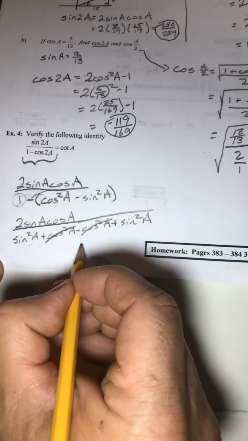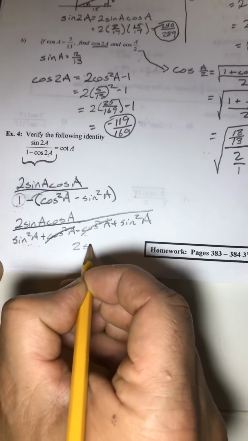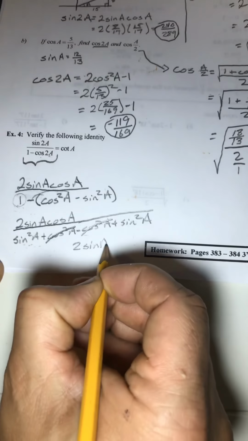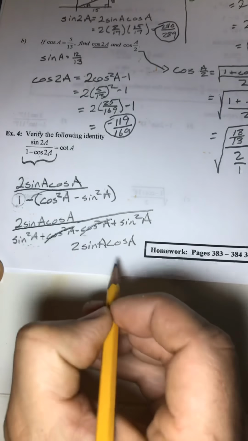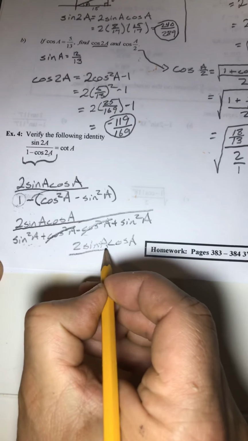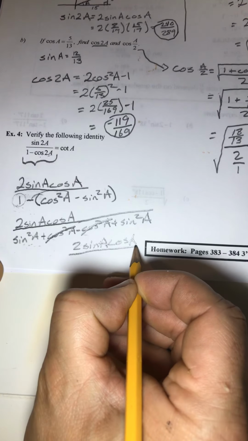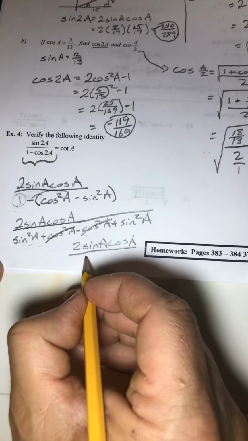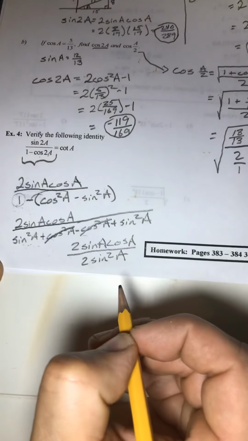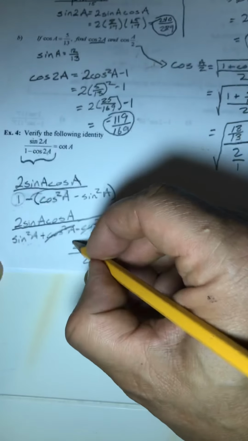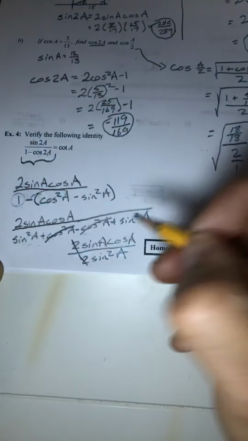So now you have the numerator 2 sine a cosine a over 2 sine squared a. And here we are with no plus or minus sign, so canceling is in effect. So these 2's out.